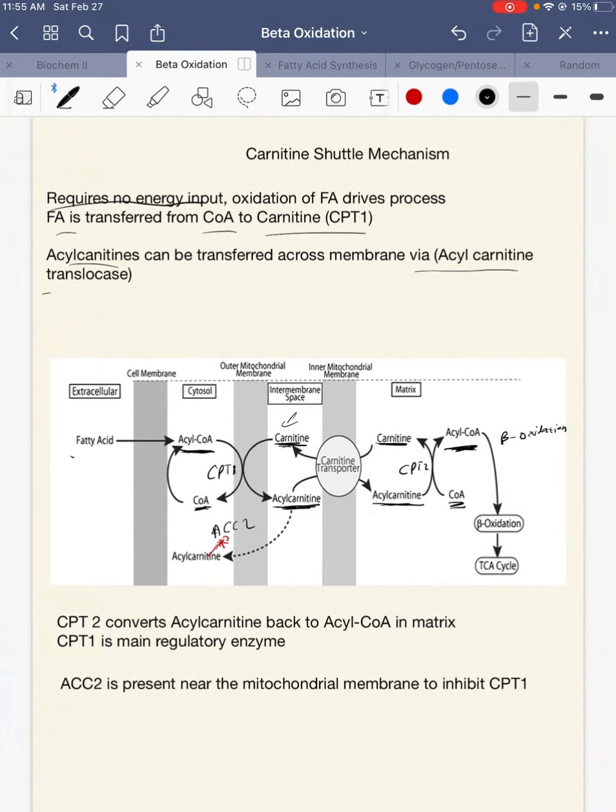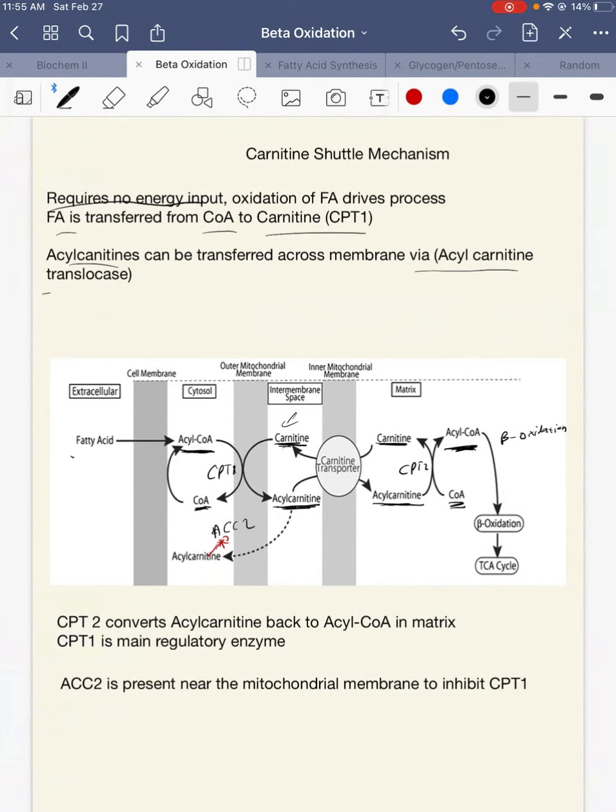Then the carnitine transporter takes acyl-carnitine from the intermembrane space, puts it inside the matrix, and transports carnitine from the matrix into the intermembrane space. And then CPT2 does the opposite of what CPT1 does. It takes acyl-carnitine and CoA, and we make acyl-CoA back. We produce carnitine, and then carnitine can travel back into the intermembrane space and run the reaction again. Okay, the acyl-CoA that we made can then run into beta-oxidation.